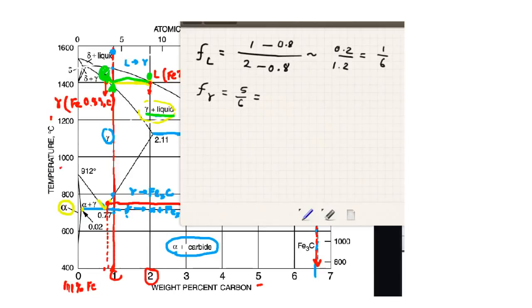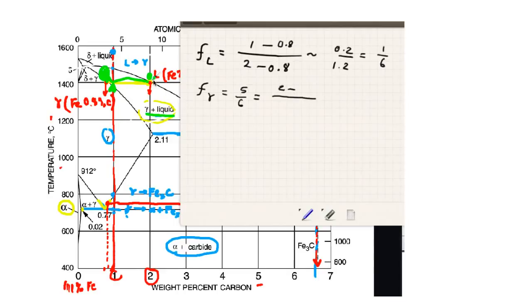And what about the fraction of gamma? Well, it's got to be what's left. It's 5/6. But let's go ahead and prove it to ourselves by computing it. You can see it's the larger portion, so in order to balance this, we're going to use the larger segment of this lever arm.